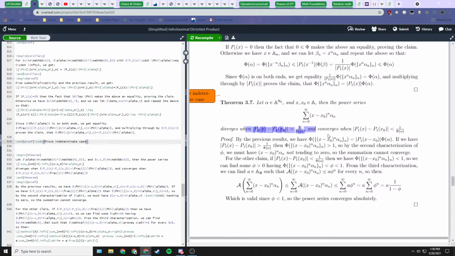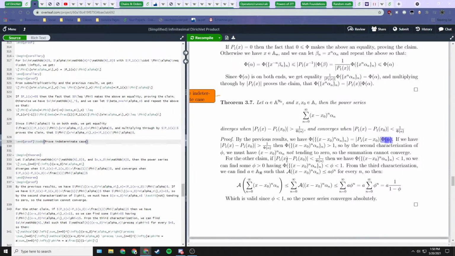So this power series diverges when this is greater than that, and converges when this is less than that. By the previous results, we have this is equal to this. This will only apply if this is in indeterminate form.